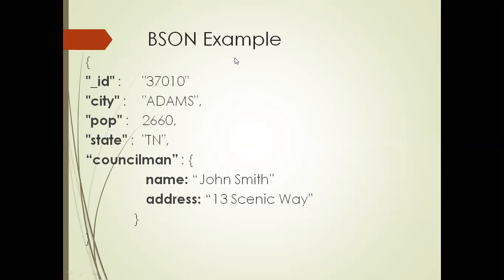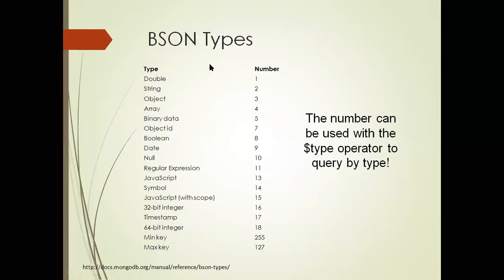So after this, we have other features. Here we have different types. They are double, string, object, array, binary data, object ID, boolean, date, null, regular expression, JavaScript, symbol, and many more. If we are using any condition, we will be using the $ symbol. Be careful.